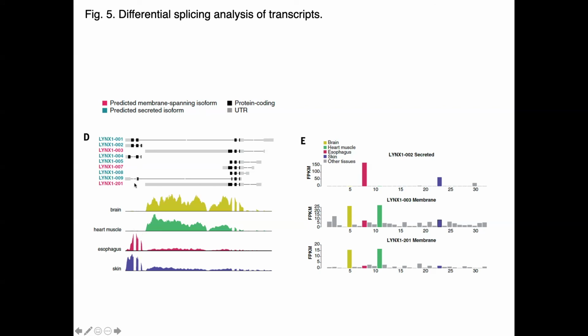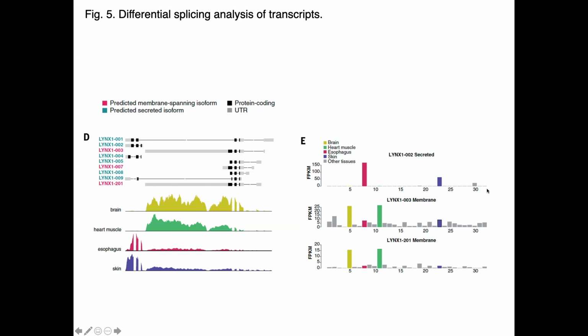So that's clear, right? Okay, so also in figure 5E, shown here, the investigators show the expression of 3 isoforms of LYNX1 in 32 tissues in this study, okay?